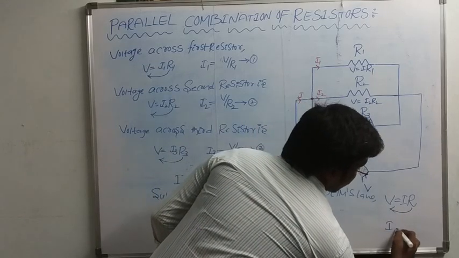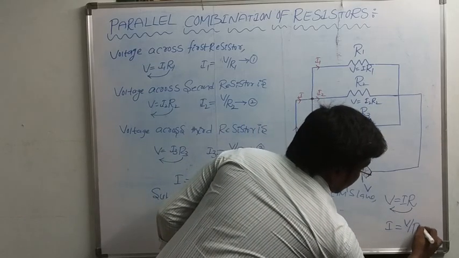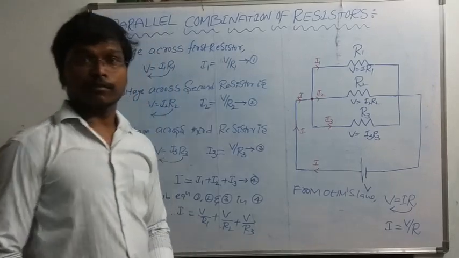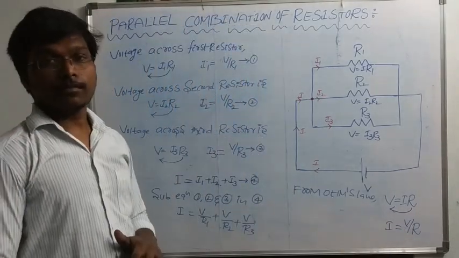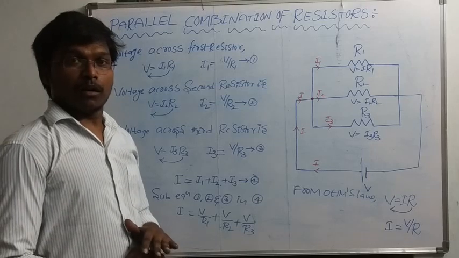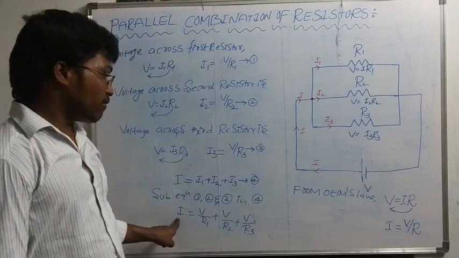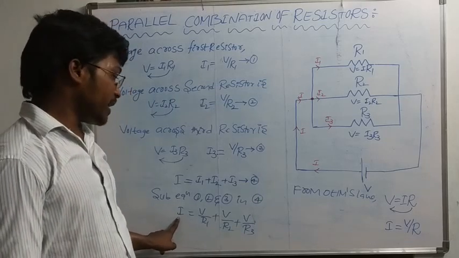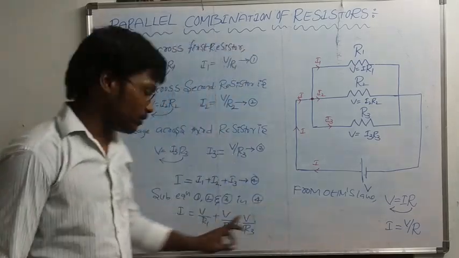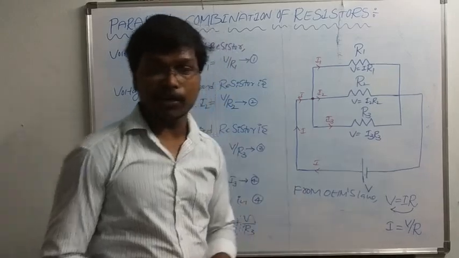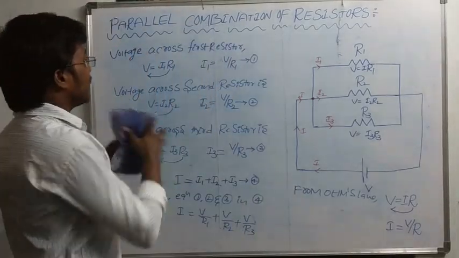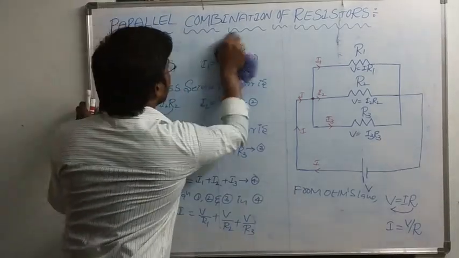I is equal to V by R. Now in the place of I, you can substitute this value. So after that, what will happen? We can see.